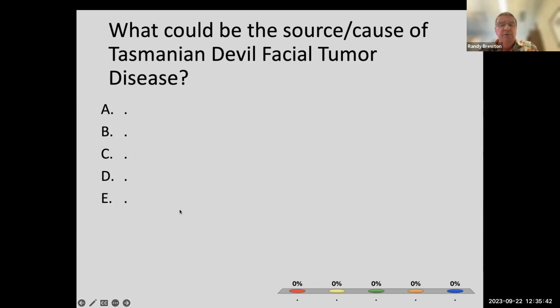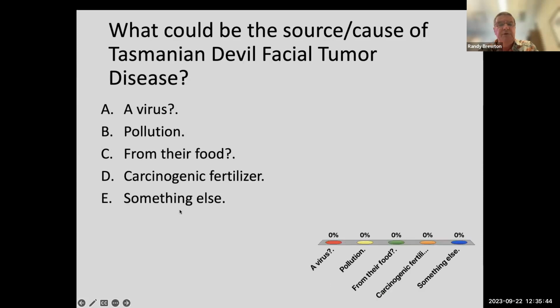And I don't have the student responses from it, but this is the list from a previous semester, where some of them were suggesting that it might be a virus that's causing the disease. It might be local pollution, it's something in the food. Maybe there's something chemical in fertilizer that's in the area that's causing the cancer, or something else.